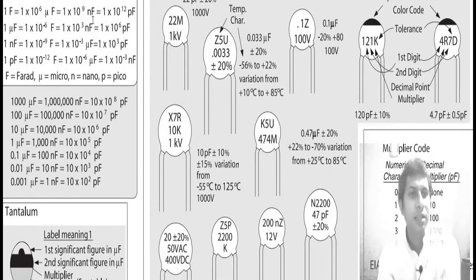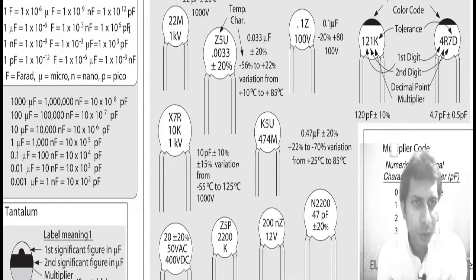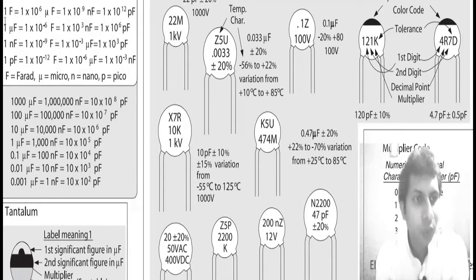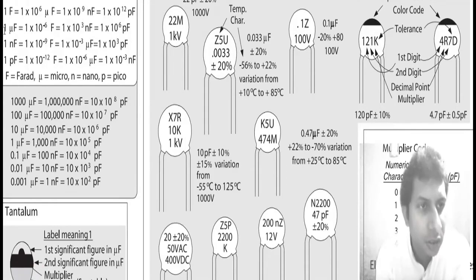That means minus 9 and plus 3 on the power of 10 will give you 10 raised to power minus 6. And in terms of picofarad, you can write it like 1 into 10 raised to power 6 multiplied by 10 raised to power minus 12, and minus 12 plus 6 will give you 10 raised to power minus 6, which is treated as microfarad.